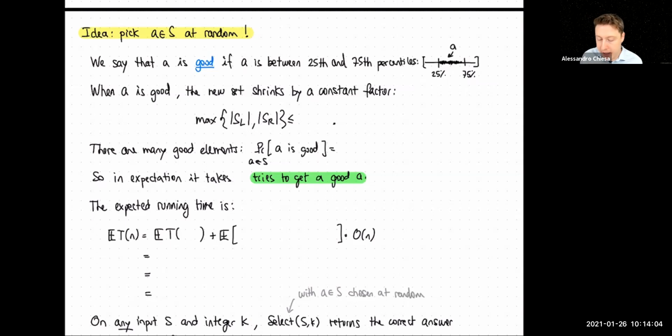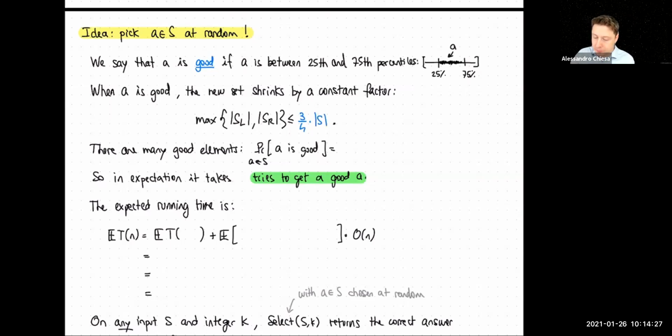And when A is good, the new set shrinks by a constant factor. Can anybody tell me, if A is good, then by what can I upper bound both SL and SR? 3/4 times the size of S, right?